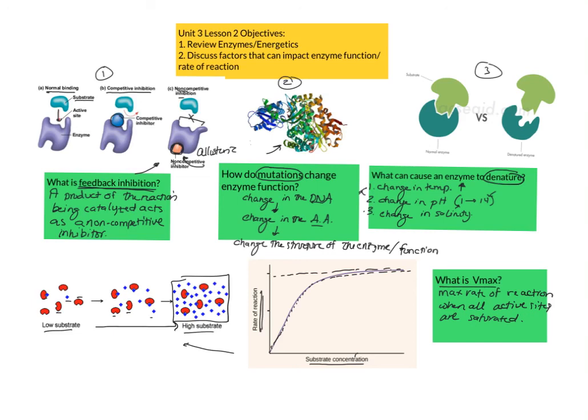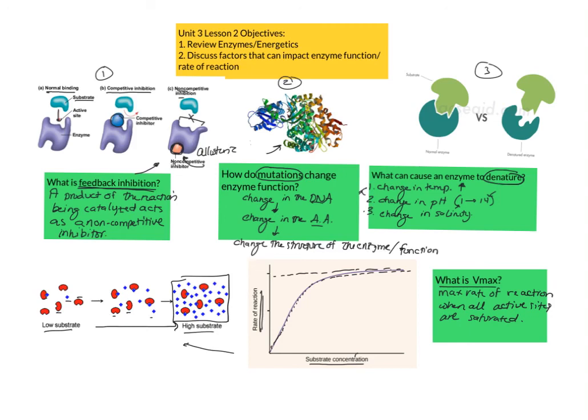And if the amount of enzymes stays constant, there's a max rate of reaction that can occur, because there's simply going to be a saturation of the active sites, and as soon as those active sites are open again, they will be replaced by new substrate. So there's a max rate of reaction at that point.